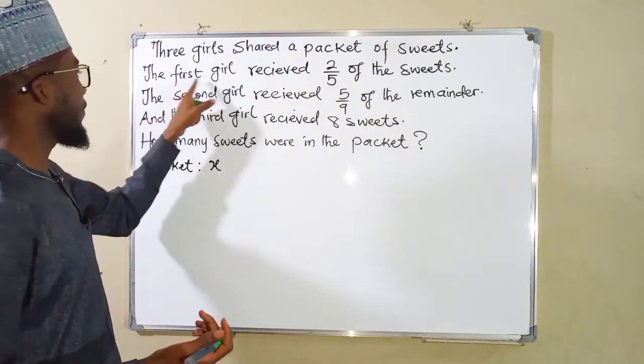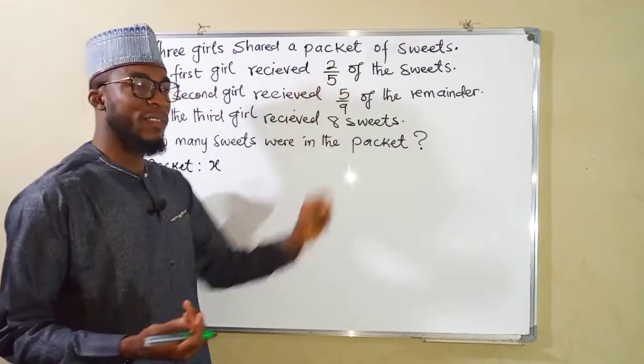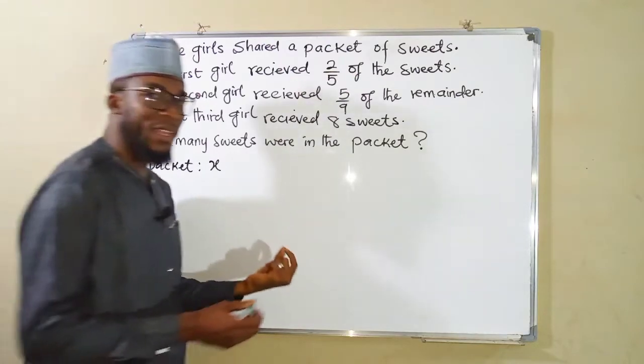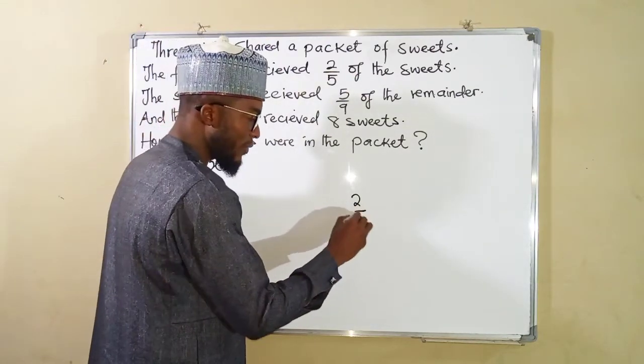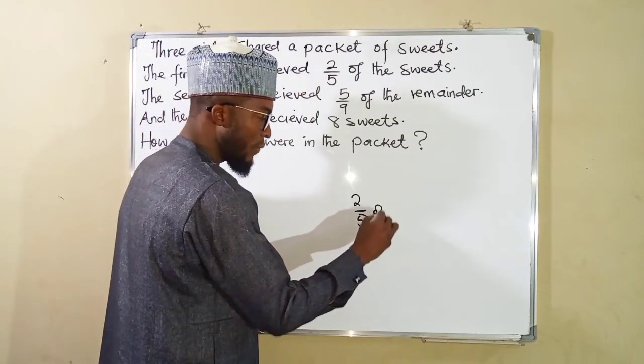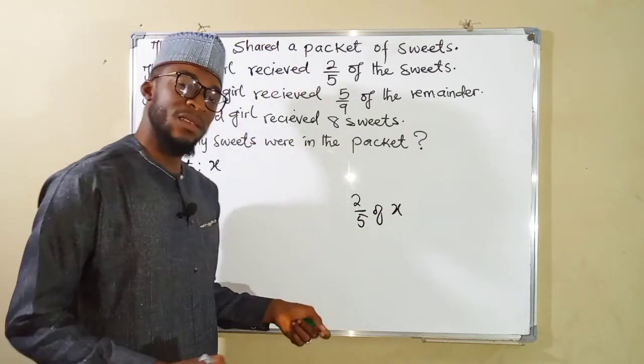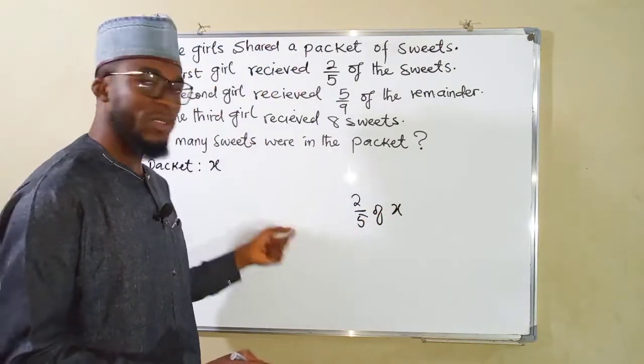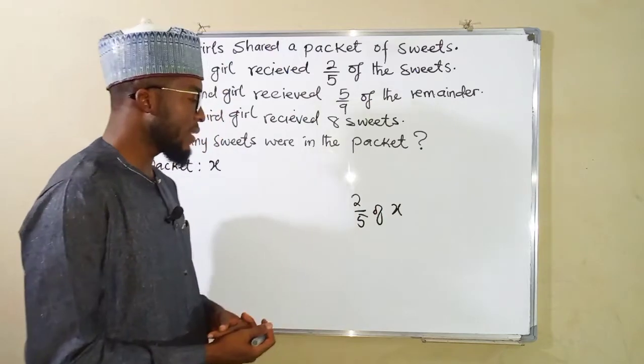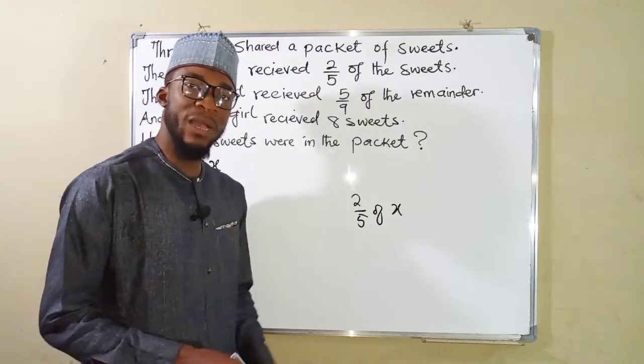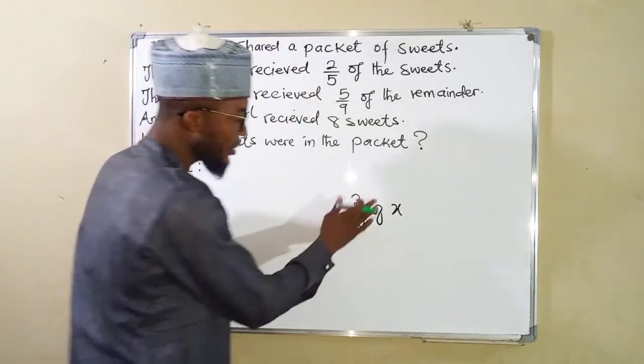We learned that the first girl received 2/5 of the sweets. 2/5 of the sweets meaning 2/5 of X, because we have declared X to be the total number of sweets in the packet. And of, remember, is the same thing as multiplication.